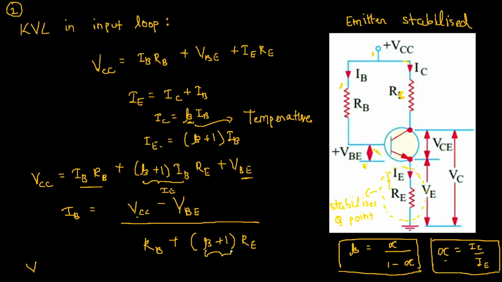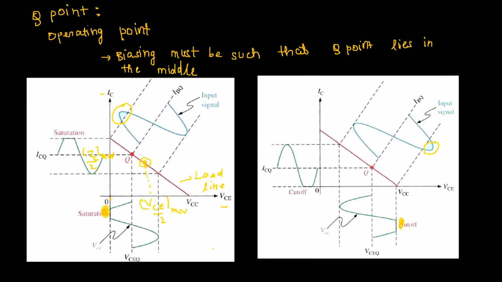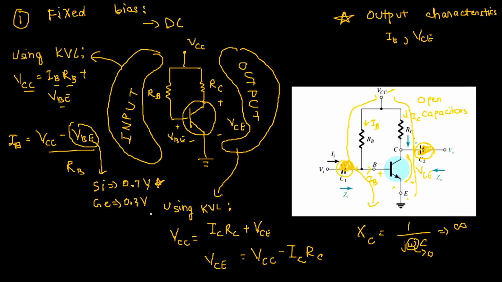So this (beta plus 1) expression is what makes this design a better design than the previous one, because it helps us stabilize the Q point. In fixed bias, like you can see, the value of IB does not depend on beta.